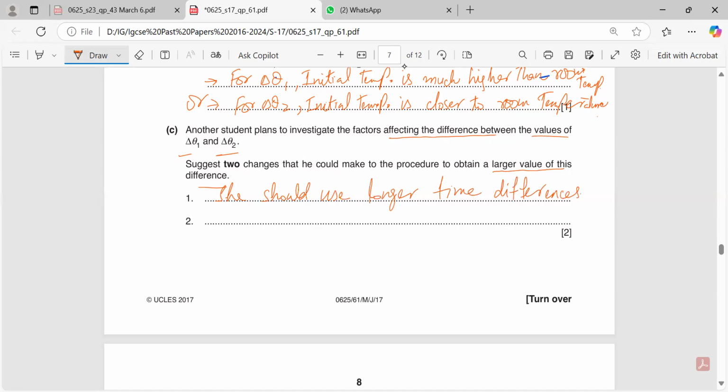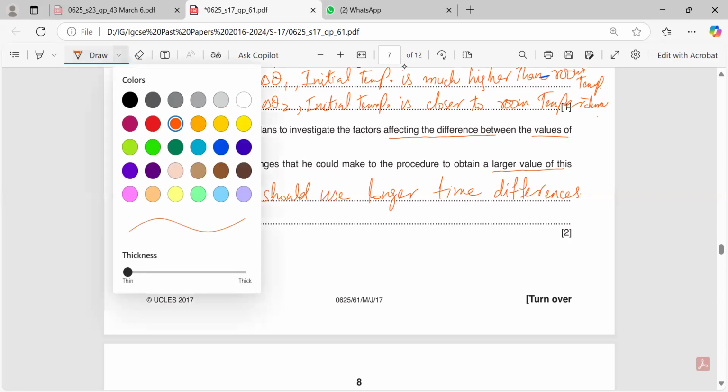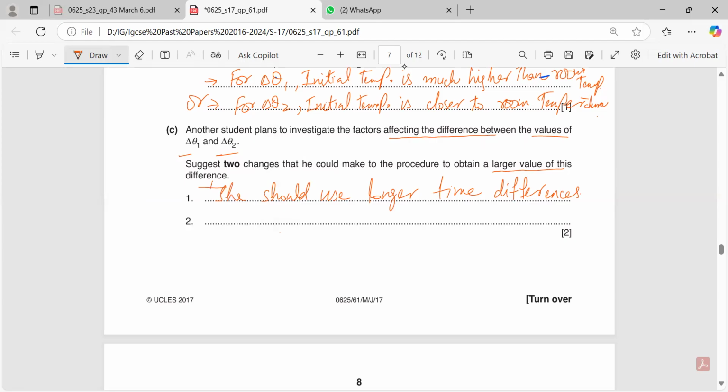Second, she should use a wider beaker. Okay, so then more heat will be lost to the surroundings. So she should use a wider or larger surface area beaker, so then more quickly heat will be lost to the surroundings. So this difference will become more.